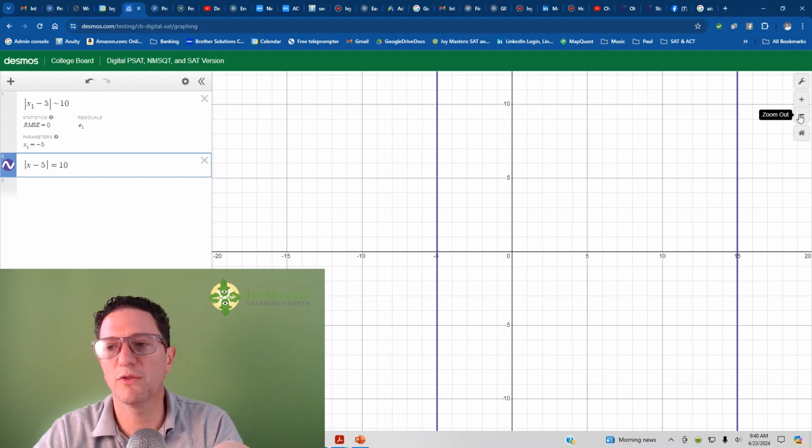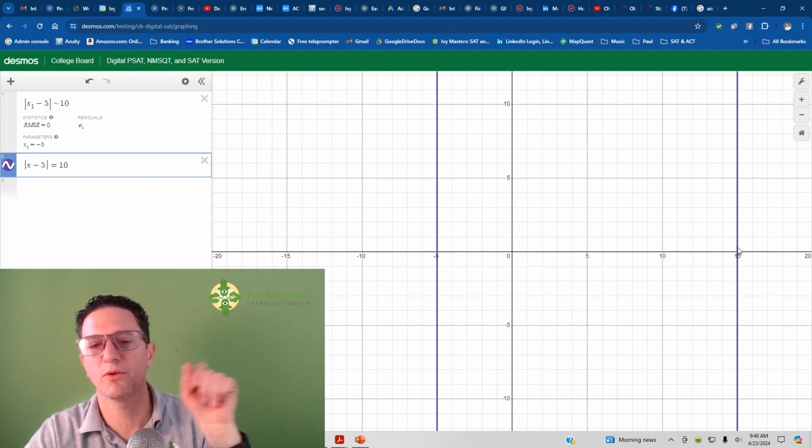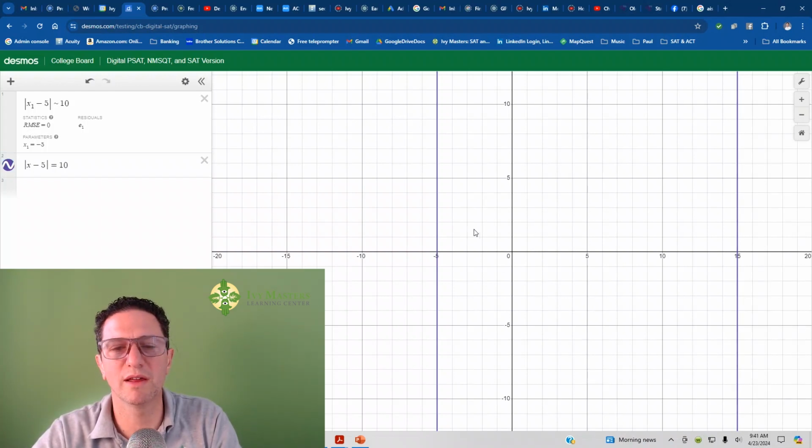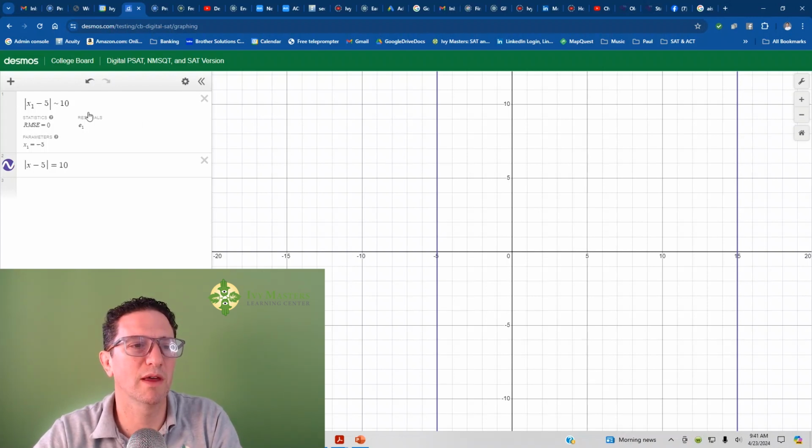If you were looking for the other, if I just zoom out, I could see the line going through 15. But notice if I click on this line, it doesn't give me the coordinate or anything like that. So that's one of the reasons I think this first method, x1 with the tilde, is a little bit easier. Alternately, you could also do it by hand.